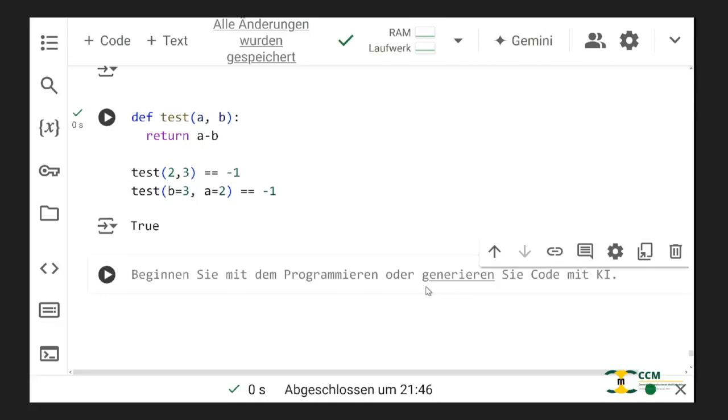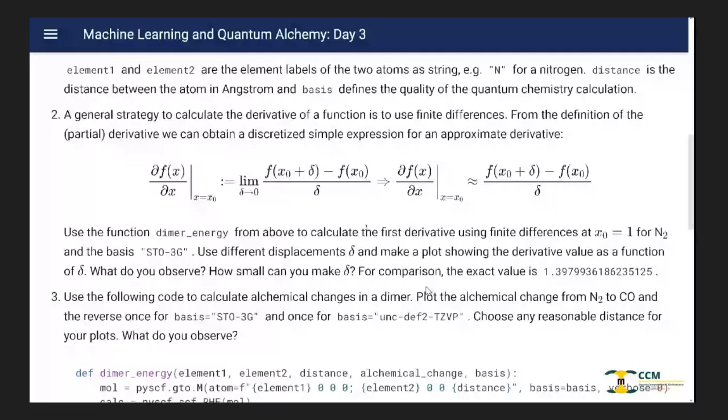Right, let's do number two together. All right, so the task was to get the finite differences using our dimer energy plot.